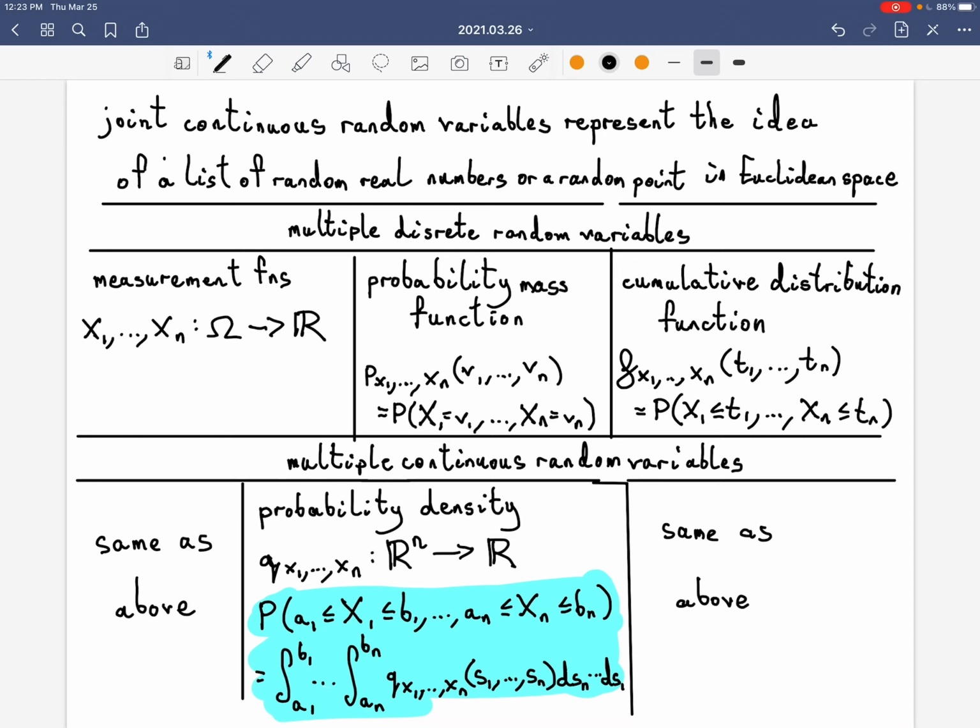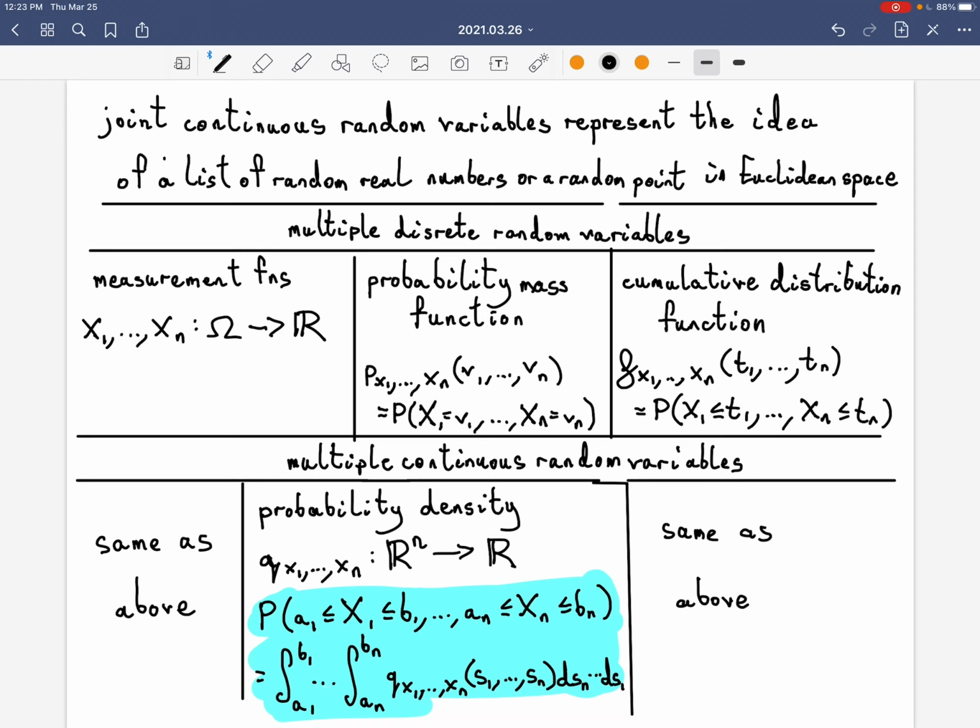So I have an event in my probability space which is defined by my list of random variables simultaneously satisfying a list of lower bounds and a list of upper bounds. So ultimately what we're doing is we're defining an event in the probability space and calculating its probability, just like the axioms are designed to do.